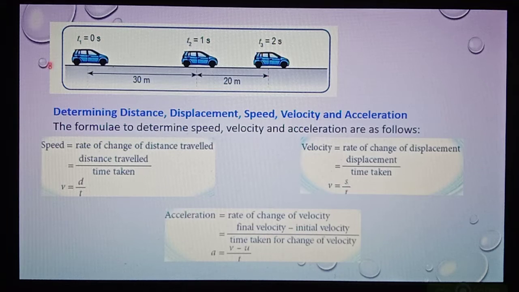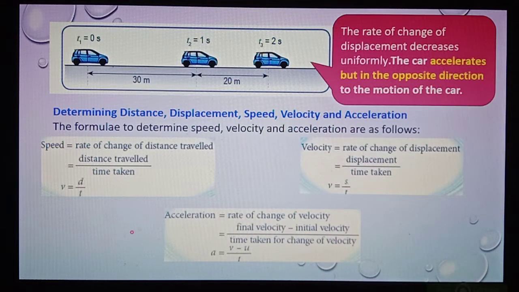Third situation. At t1 equals 0 seconds here. After 1 second, it travels 30 meter. The next 1 second, it only travels 20 meter, meaning the displacement decreases in the same time interval. So what can we say about the motion? The rate of change of displacement decreases. Same time taken, but the displacement becomes smaller.